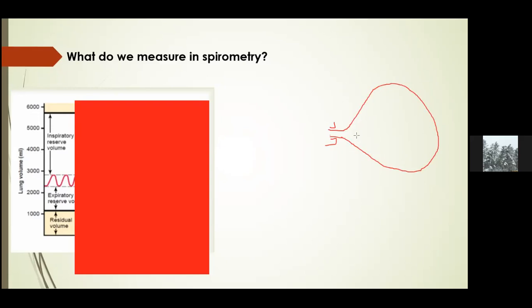It will go in this direction, and you're going to have a volume change in the air that is outside. So now the air has moved from this volume to this volume. There is that volume change.